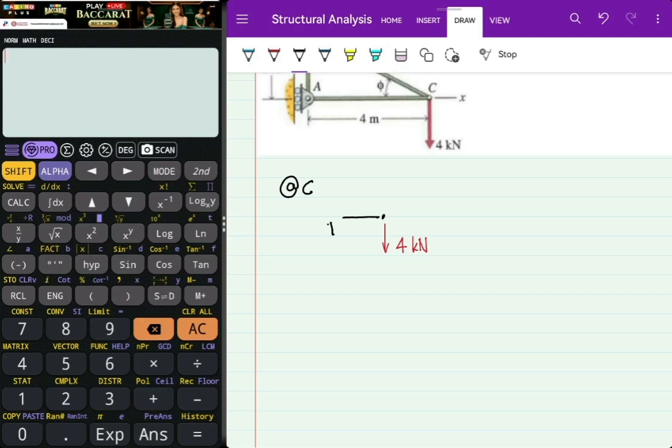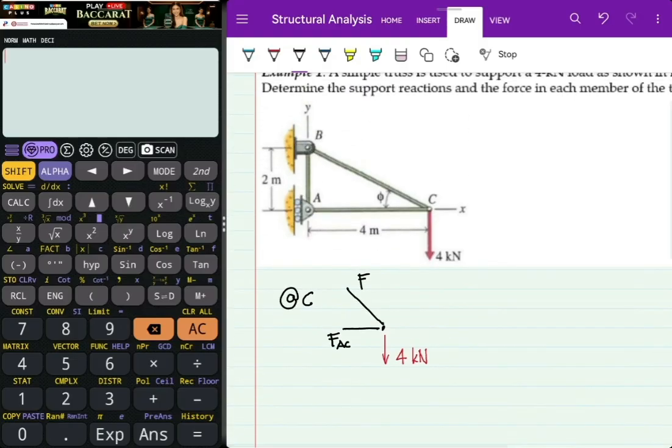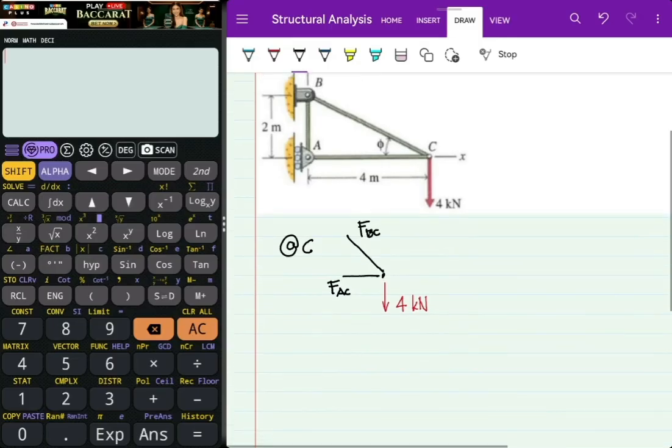This is force AC, and then we will have force BC, and our force BC has an angle phi from the horizontal.